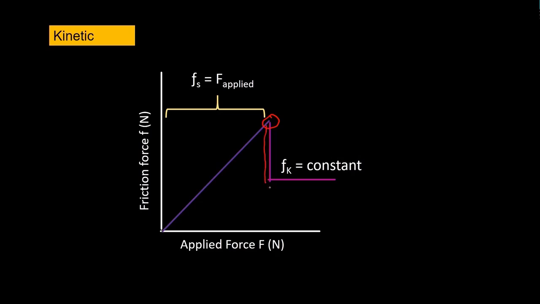And look how much less it is. You can see the frictional force is much less than the maximum static frictional force. So the kinetic frictional force is much less. And look at it, it's a straight line. It is constant. So it is a constant value for the movement of that vehicle.